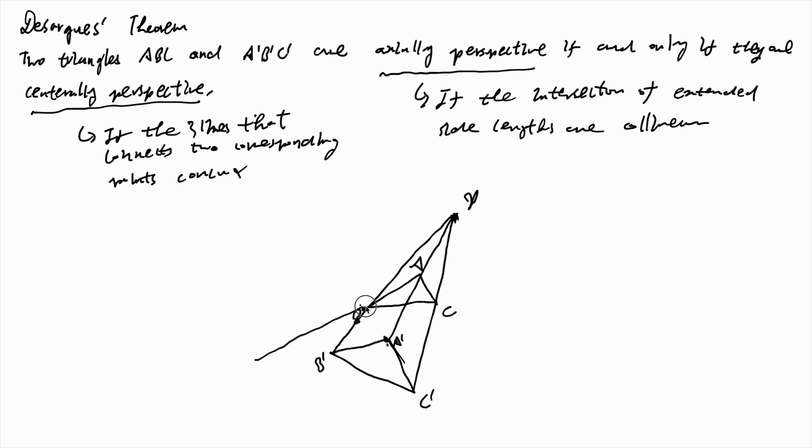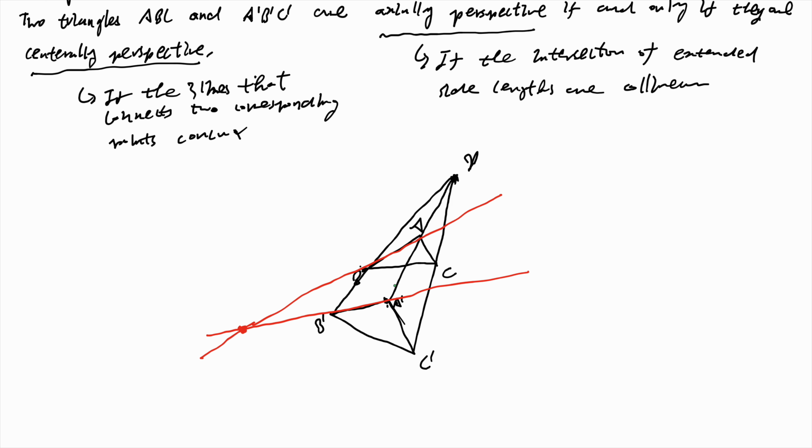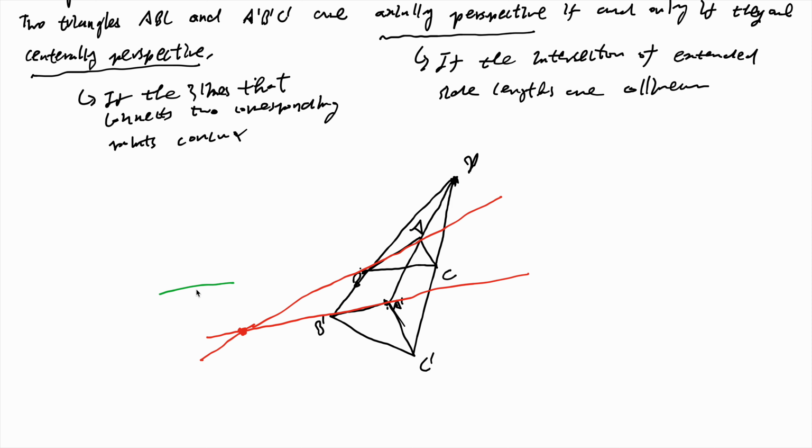Meaning, let's connect. I'll use a different color. Why can't I draw a straight line? This is our first one, this point. We have AB, BC. So we have this one, and this point.